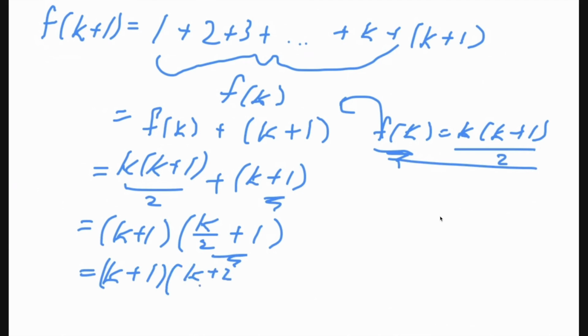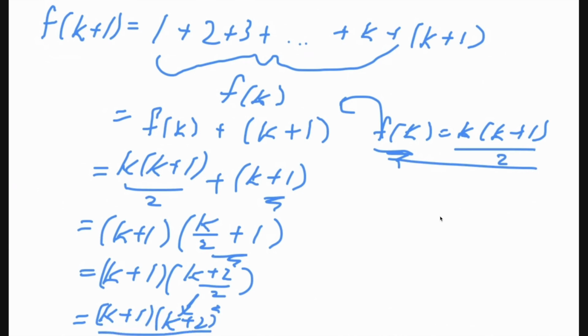Finally, we can bring this divided by 2 term outside, and we're simply left with (k plus 1) times (k plus 2) over 2.